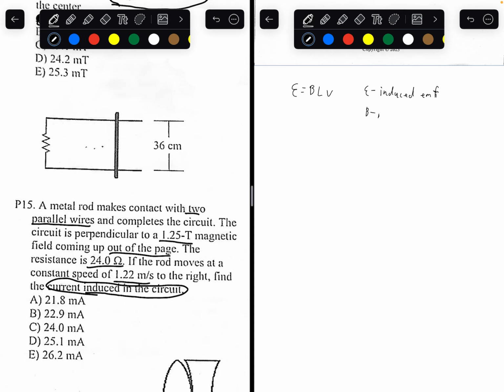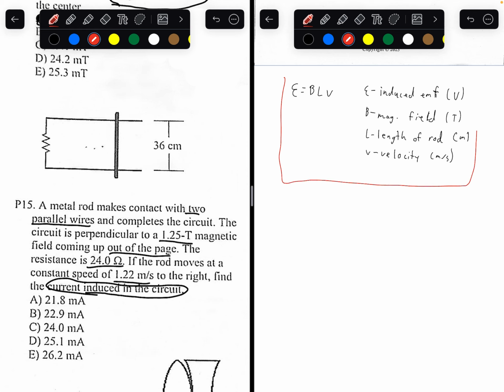B is magnetic field. Induced EMF, the unit is going to be volts. Magnetic field, the unit is going to be teslas. L is the length of the rod in meters, and V is velocity in meters per second.